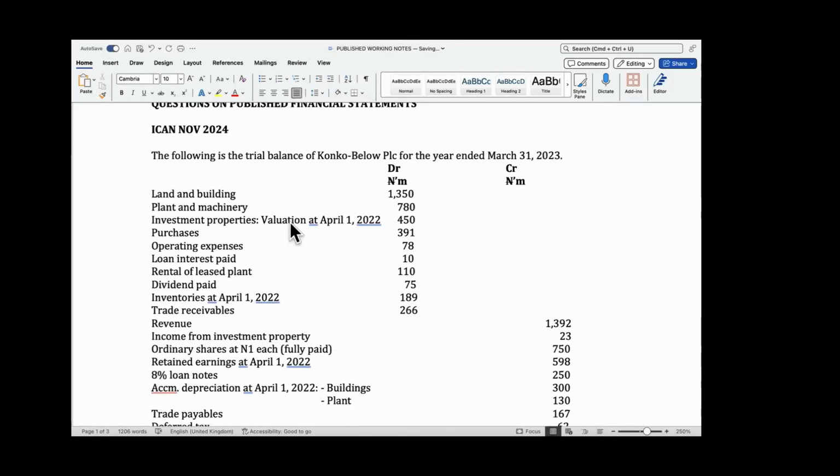At least you're learning a lot. Now I've done two methods. I've done reducing balance, I've done straight line.